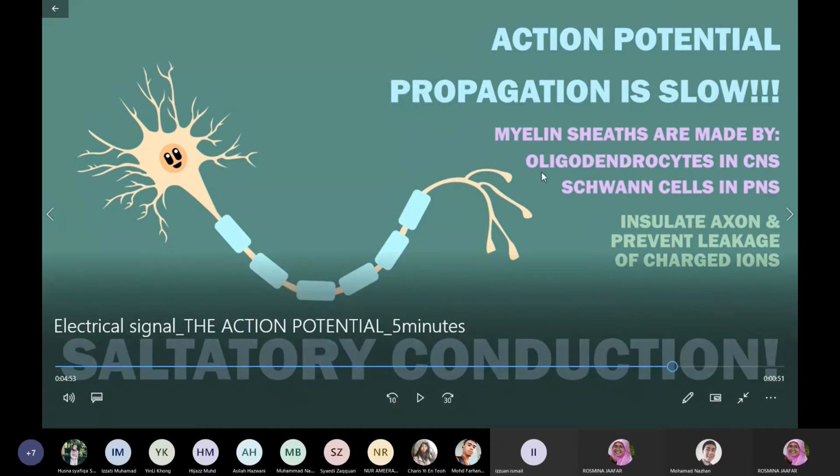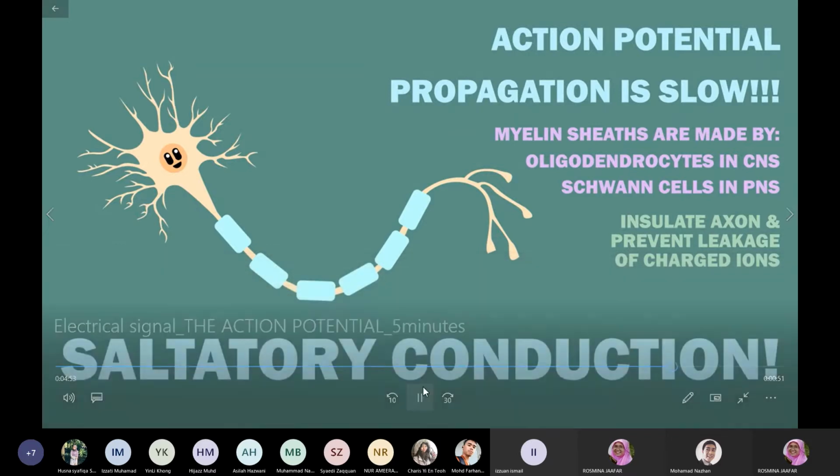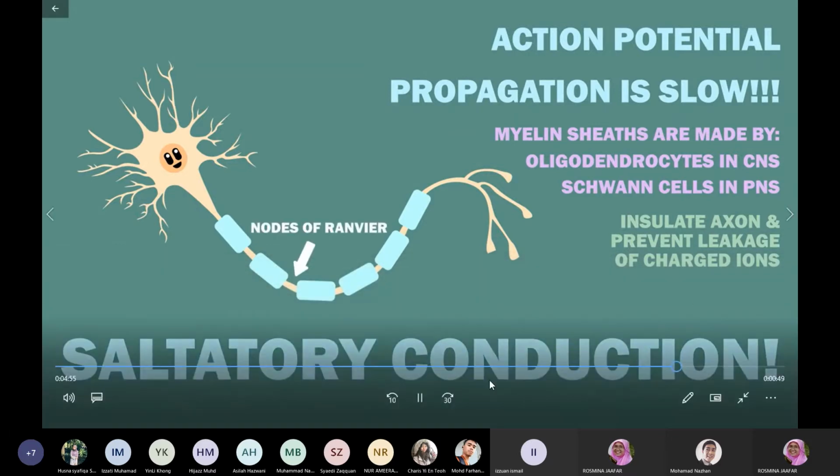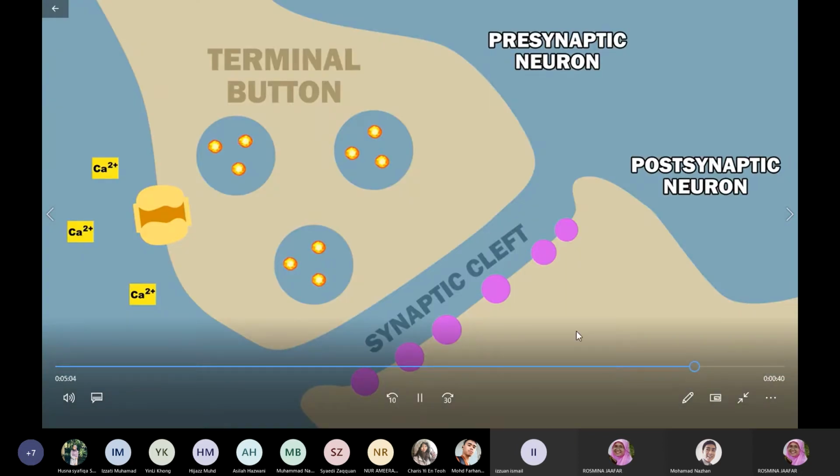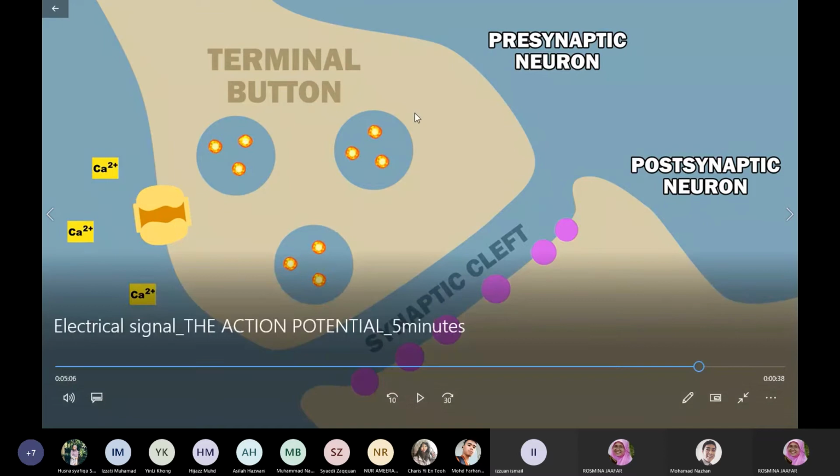Okay, but at the junction at the end of the nerve, where you have neurotransmitters, you have axon bulbs here, there will be a chemical process. This will be the connecting axon terminal, and this is the presynaptic neuron, and this will be the postsynaptic.